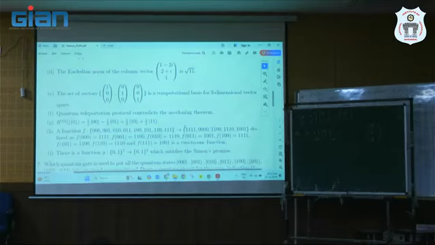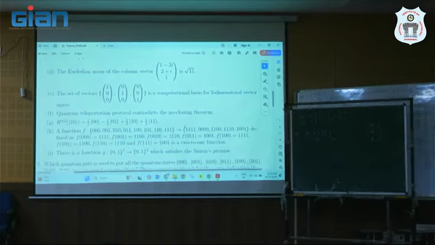Are there any column vectors with 3 rows which are impossible to represent as a combination of these? No. In 2 dimensions we have been using the standard basis 0 1 and 1 0; we can represent anything, like 2 comma 5, using these.